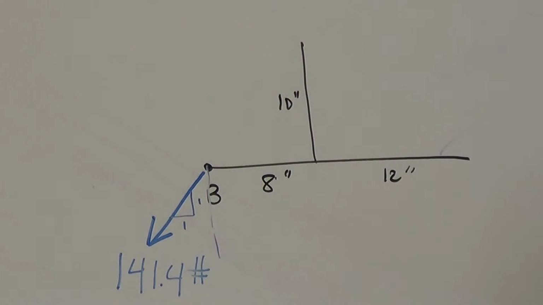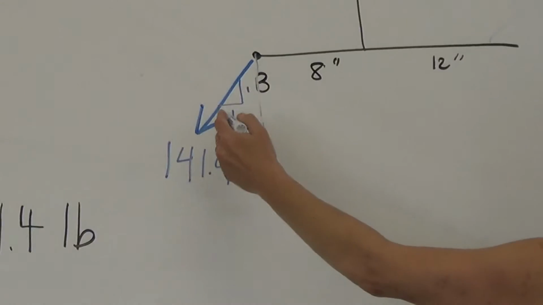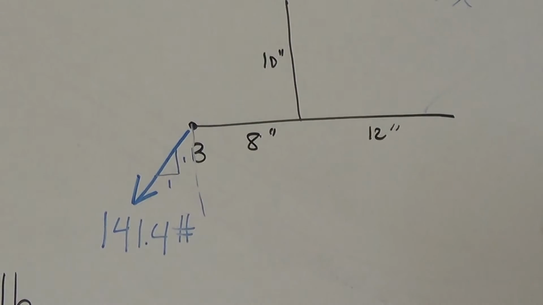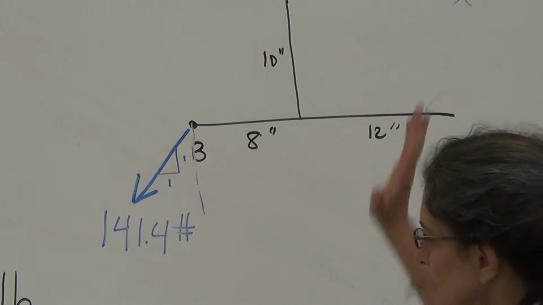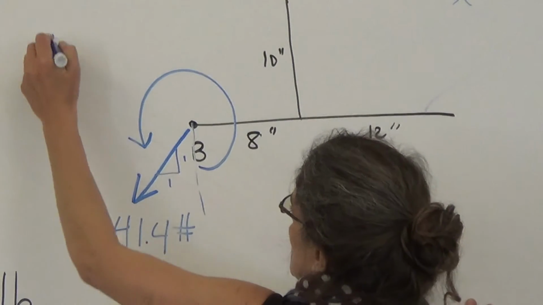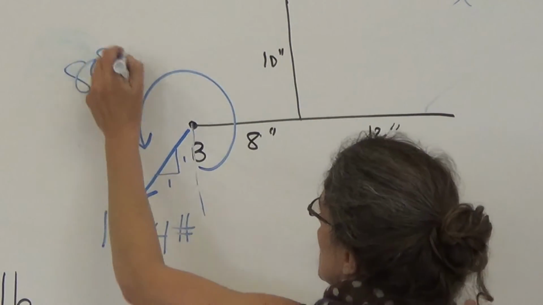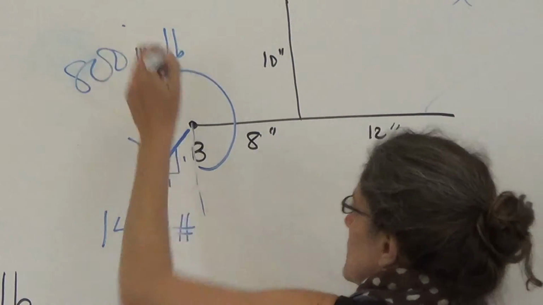Because this is a free body diagram, it needs to have an axis, it needs to have the forces labeled, and it has to show a direction. Rachel, what else do I have to do? Do the moment. And is it positive or negative? And the moment is equal to, I don't even have to write M, I could just say 800 inch-pound.